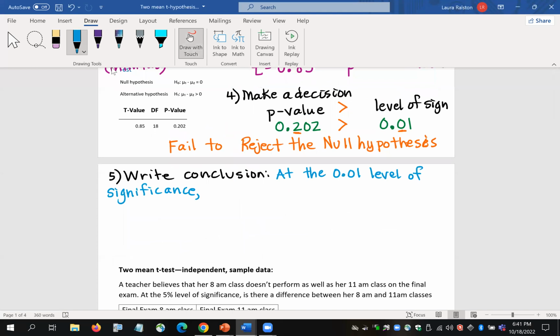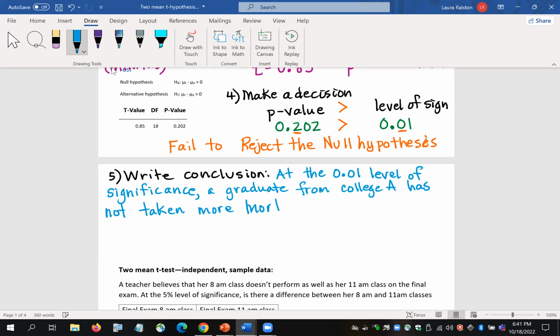So at the 0.01 level of significance, a graduate from college A has not taken more math on the average than a graduate from college B.